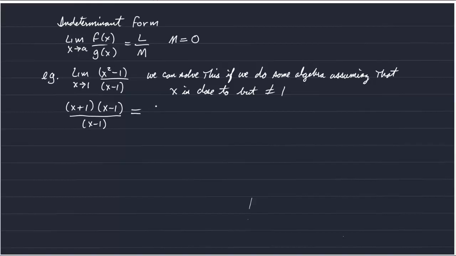And when x is not equal to 1, but is close to 1, then the function is very close to x plus 1. So the limit as x goes to 1 of our function is equal to 2.